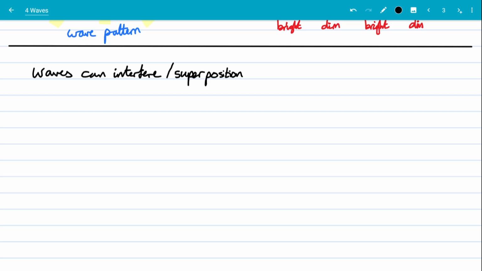And there are 3 that we're going to start with. 3 things that light, that sound waves, that mechanical waves like water waves can do. The first one is reflection. Reflection is a consequence of superposition. It is a consequence of interference.